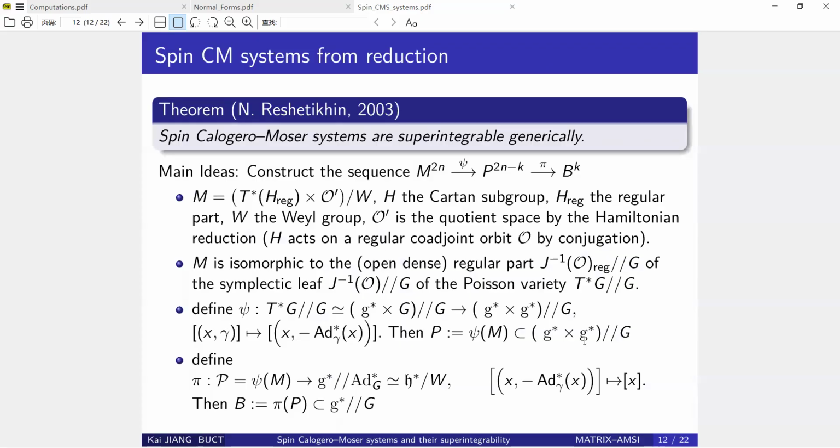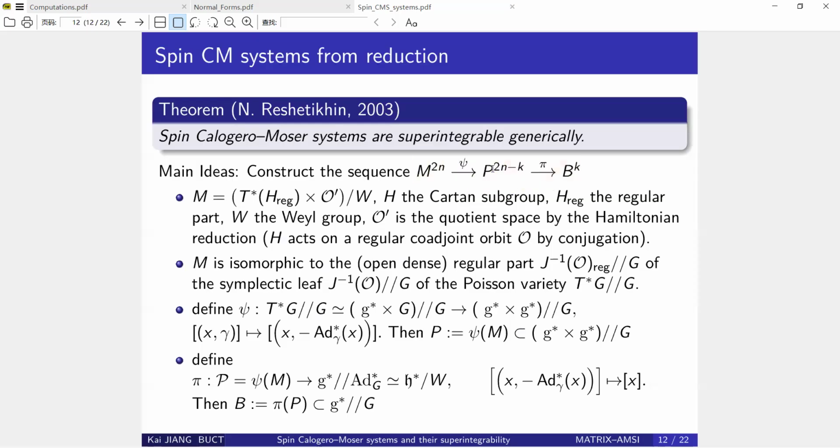In 2003, Nicolai Reshetikhin proved that the spin Calogero-Moser systems are superintegrable. Generically, it means that if we choose a generic orbit, it is good, and we can construct exactly these three manifolds. The first one is a symplectic manifold.